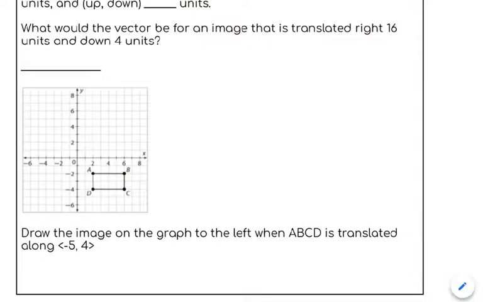So what would be the vector for an image that is translated right 16 units and down 4 units? Well, again, we have A, B, where A is our horizontal and B is our vertical.